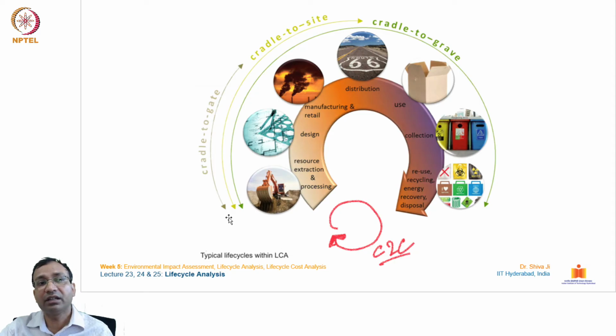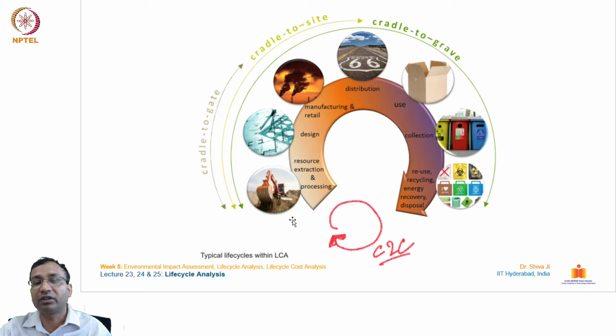So from source till the manufacturing, it is known as cradle to gate. This is the cradle, from where it is getting sourced at an elemental level. For example, if it is a mineral ore, then the ore is the cradle of that metal which we are going to extract.